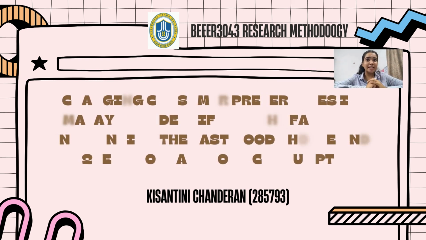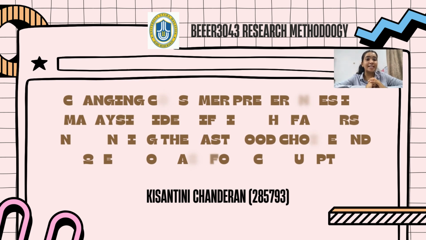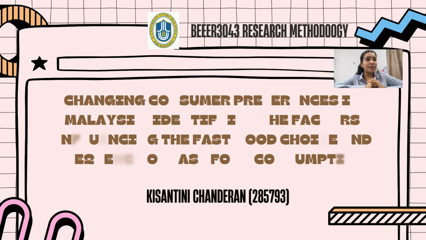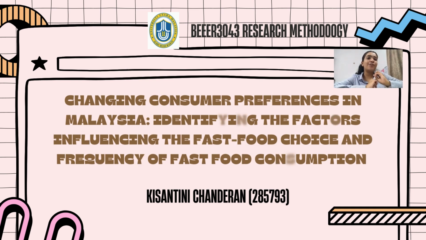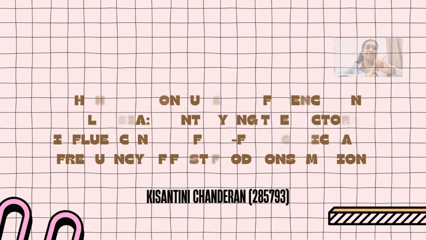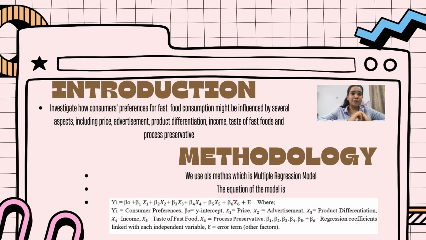My journal topic is changing consumer preferences in Malaysia, to identify the factors influencing fast food choice and the frequency of fast food consumption. For the introduction, we focus on investigating how consumers prefer fast food consumption.